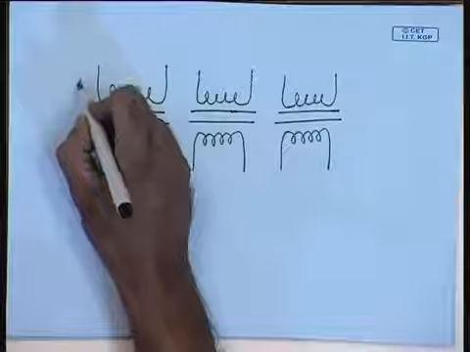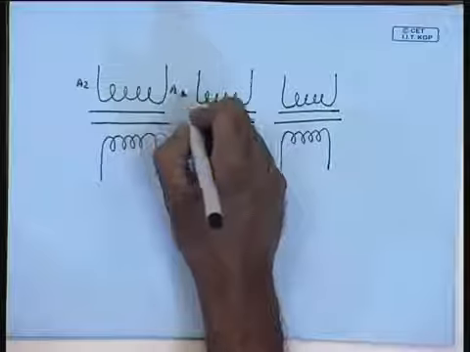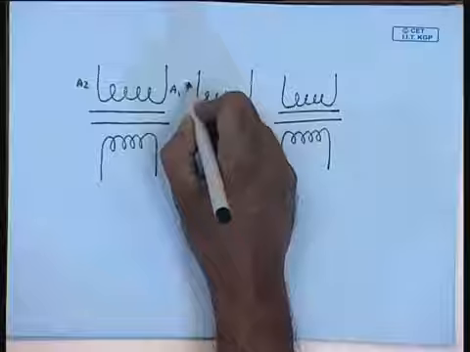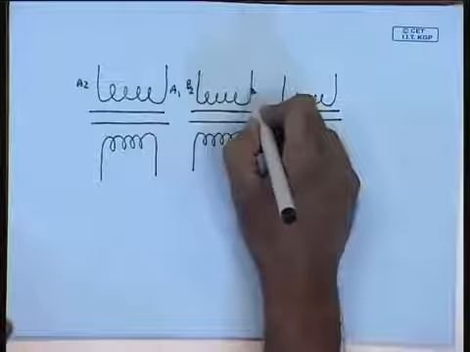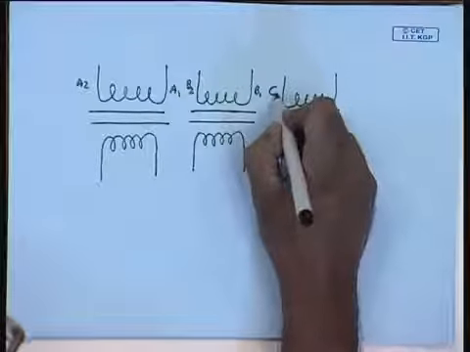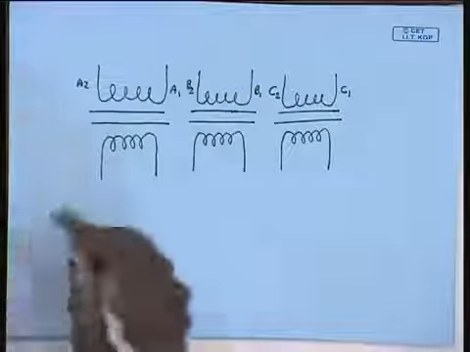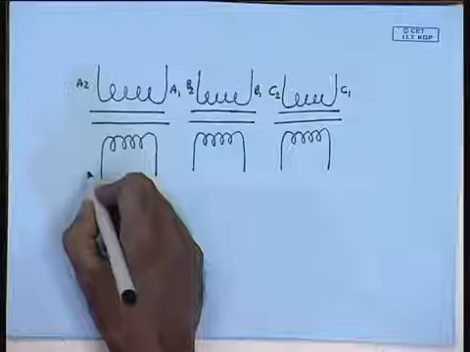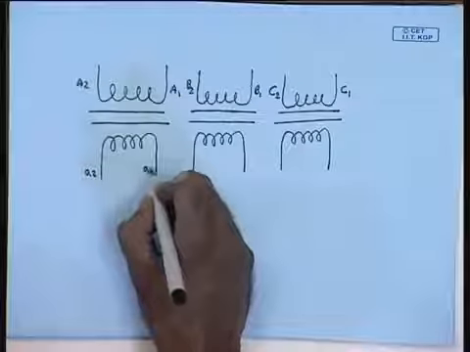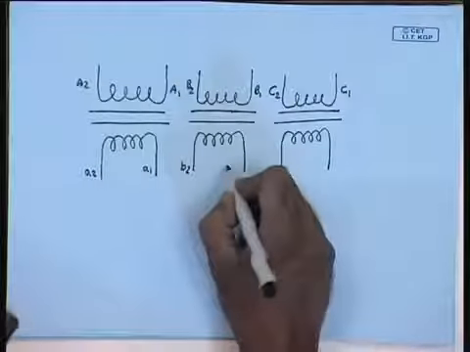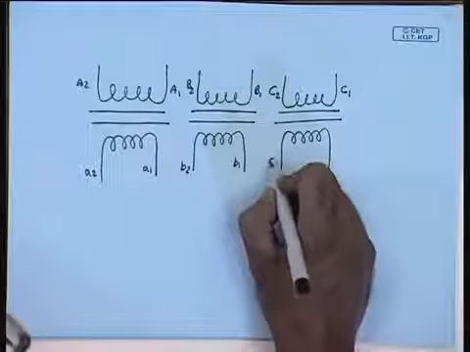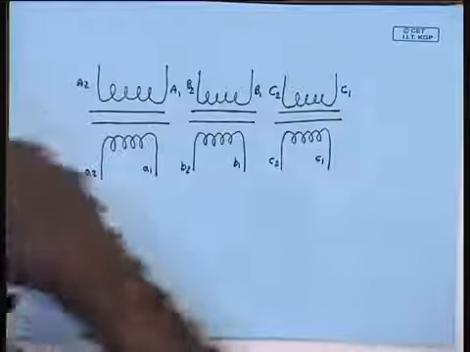This is A2, A1, this is B2, B1, this is C2, C1. Similarly, this terminal is a2, this is a1, this is b2, this is b1, this is c2, this is c1.